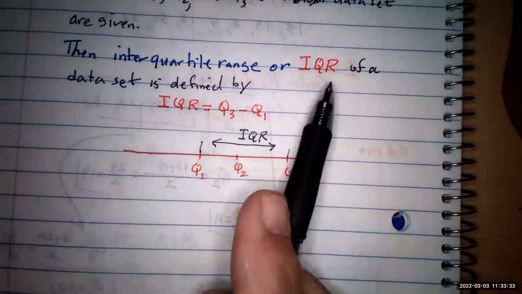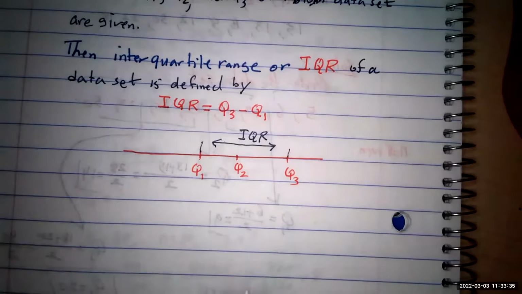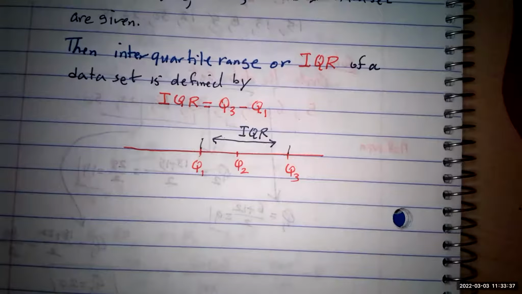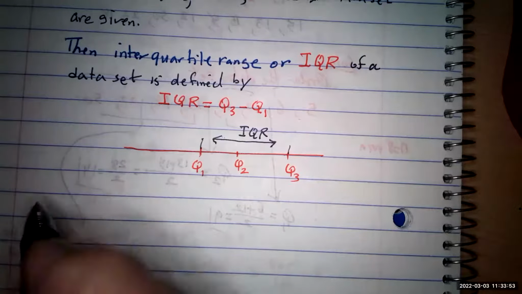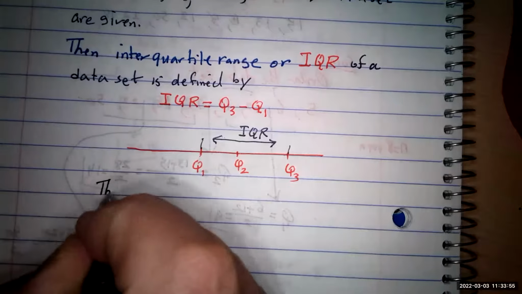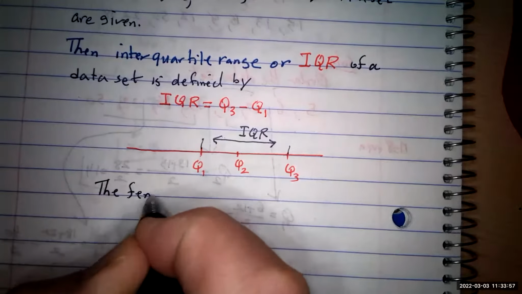Now, the data set is given to you, you identify the IQR, then we can define the possible range where the data values are going to be considered not outliers. This range would have a lower bound and an upper bound. They call it fences.